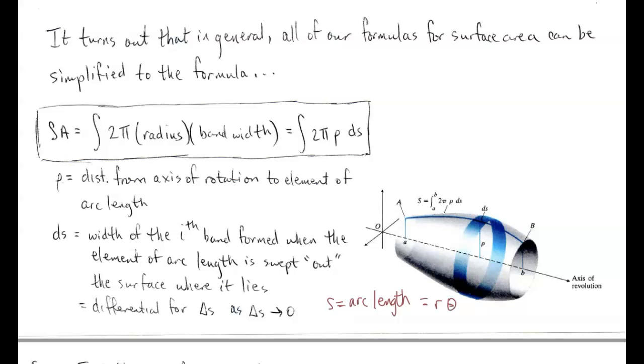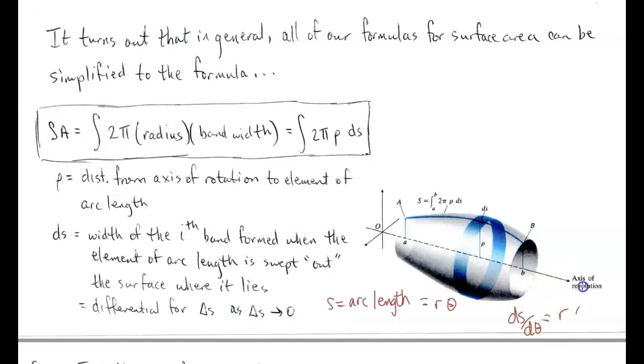So here what we are essentially saying is that for ds, you would be taking the derivative of the arc length with respect to theta, and in this case that would just be r.